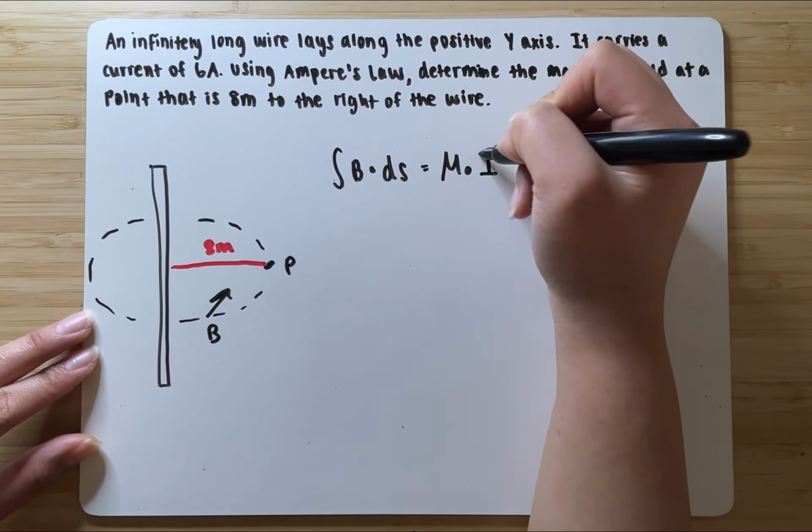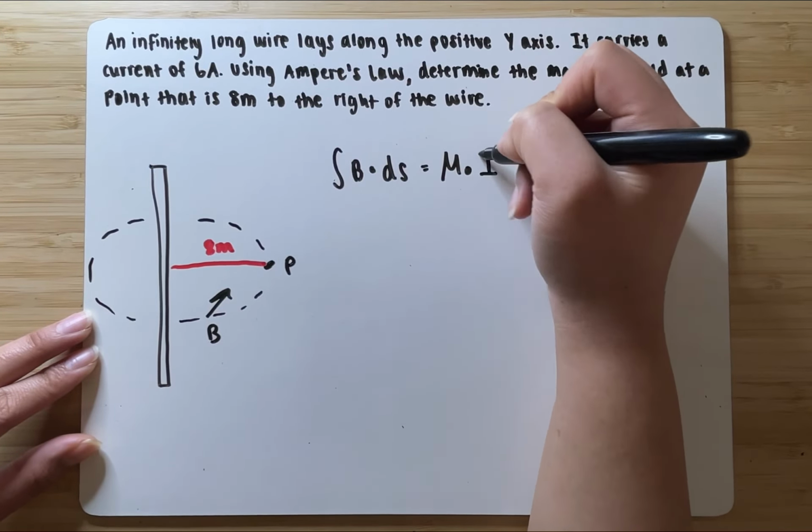We know that, okay, what is r? An infinitely long wire lays along the positive y-axis, and the magnetic field is at a point that is 8 meters to the right. Therefore, r is going to be 8, because if the magnetic field follows a circular path, here would be 8, here would be 8.